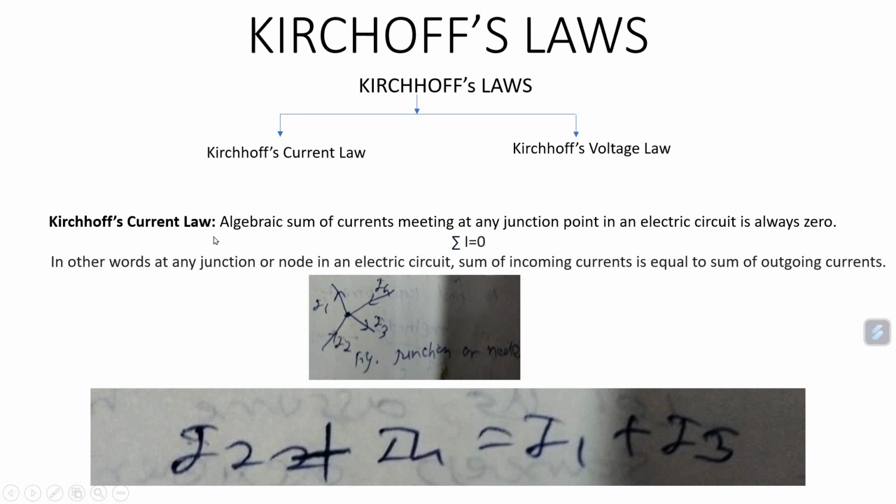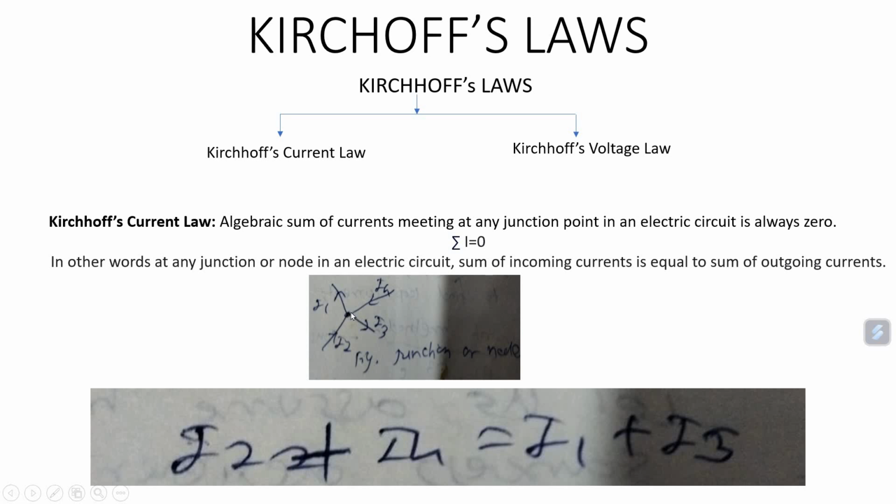First of all, let's go through the Kirchhoff's current law statement. The algebraic sum of the currents meeting at any junction point in an electrical circuit is 0. Mathematically we can represent it as summation of I is equal to 0. Or another statement, in other words: at any junction or node in an electric circuit, the sum of incoming current is equal to the sum of outgoing current.